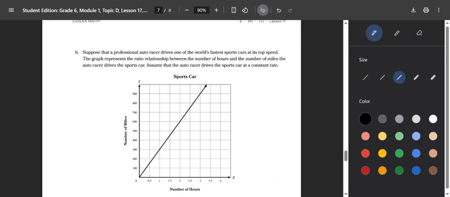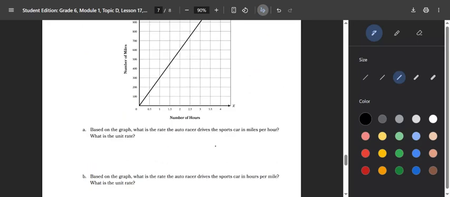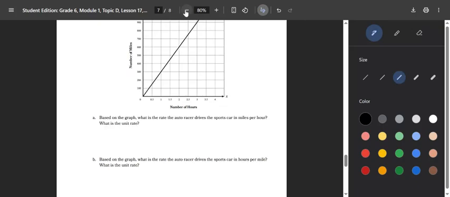The graph represents the ratio relationship between the number of hours and the number of miles the auto racer drives the sports car. Assume that the auto racer drives the sports car at a constant rate. Based on the graph, what is the rate the auto racer drives the sports car in miles per hour? What is the unit rate?